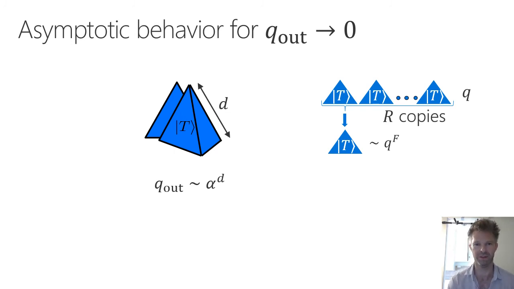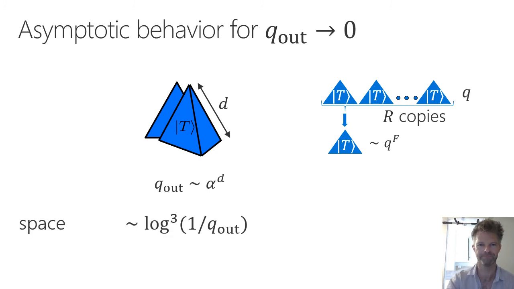So it should behave in this way: alpha is some number below 1, and the probability of failure of the overall T state should scale like alpha to the D. We can simply invert that for D and note that since this is a 3D color code and the number of qubits scales like D cubed, the space cost should behave as log 1 over Q out, all to the power of 3. So that's a simple analysis for the code switching case.